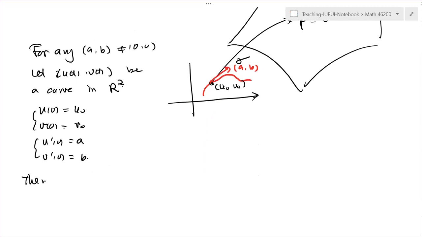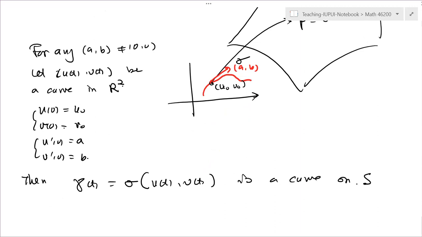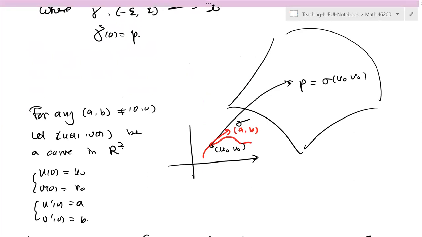Then gamma(t) equals sigma(U(t), V(t)) is a curve on the surface, passing through the point P. But gamma is a map from R to space. Okay, this is a map, gamma.